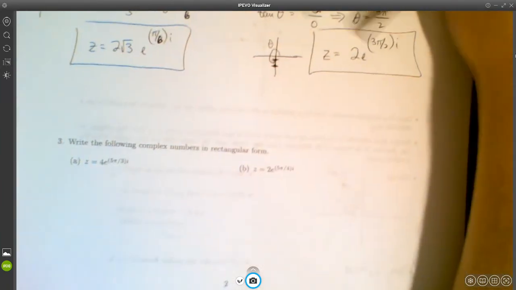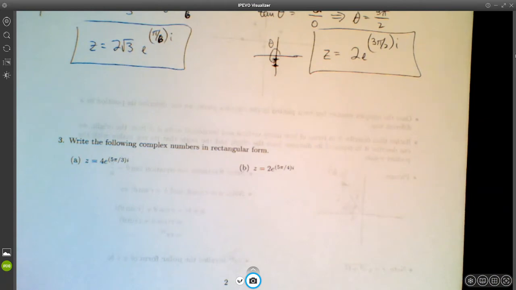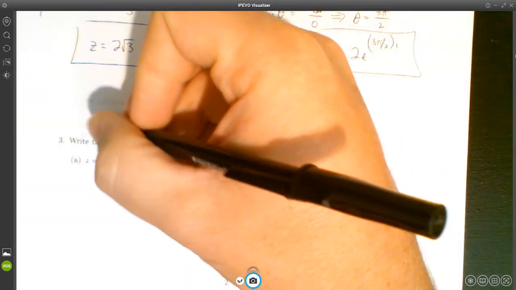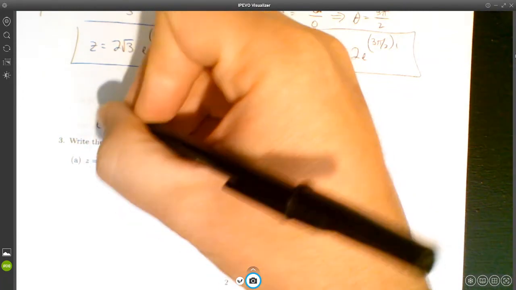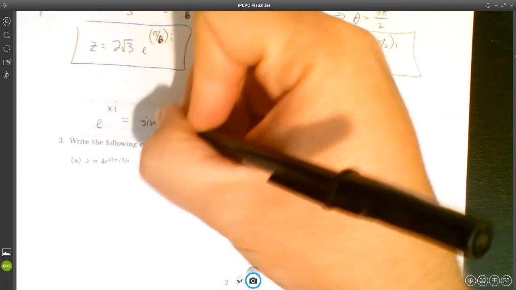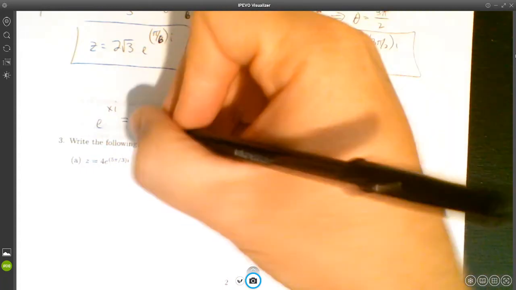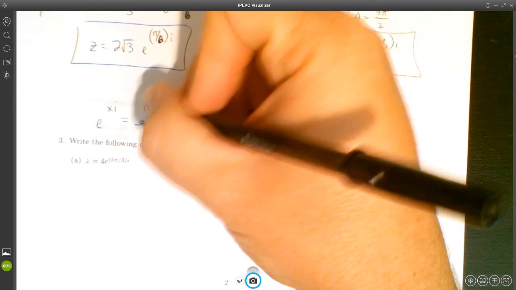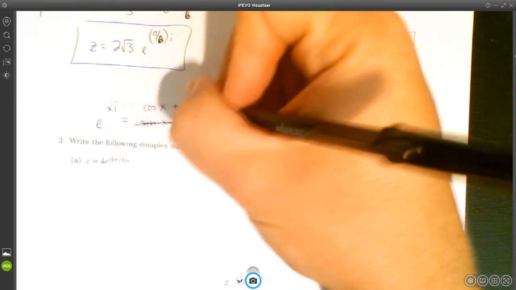Okay, we can go backwards. Going backwards is easier. All you have to remember to go backwards is that e to the xi is equal to cosine x plus i sine x.